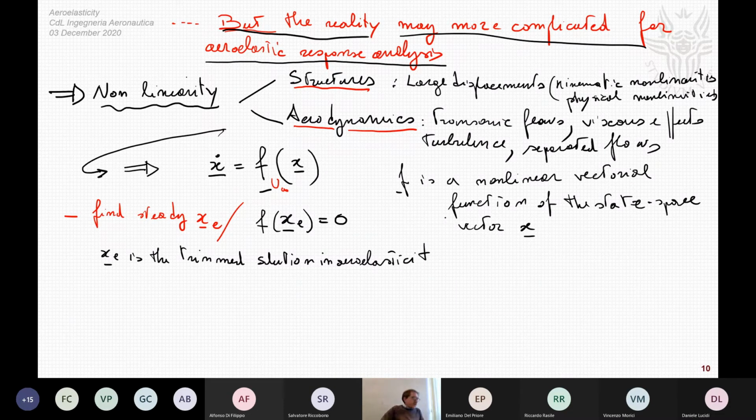So the first step is searching for the equilibrium solution.